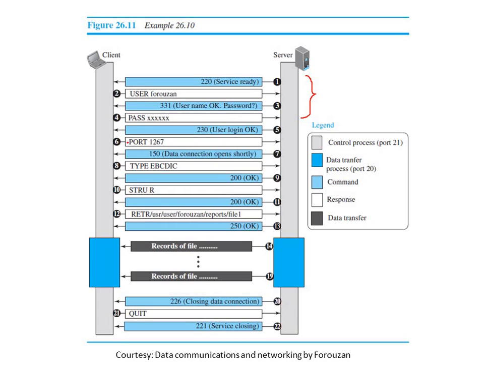Most of the time you have experienced this kind of structure whenever you are logging into any server. Then if the user is okay, so this 230 command is there, then it will start for a port, it will give you the port number, then it will give you the response 150, data connection opens shortly, and after that, which kind of file type you are sending, that type you have to mention, then it will send the response 200, okay, I am ready, then it will send a command STRU, and again it will send a response to this one.